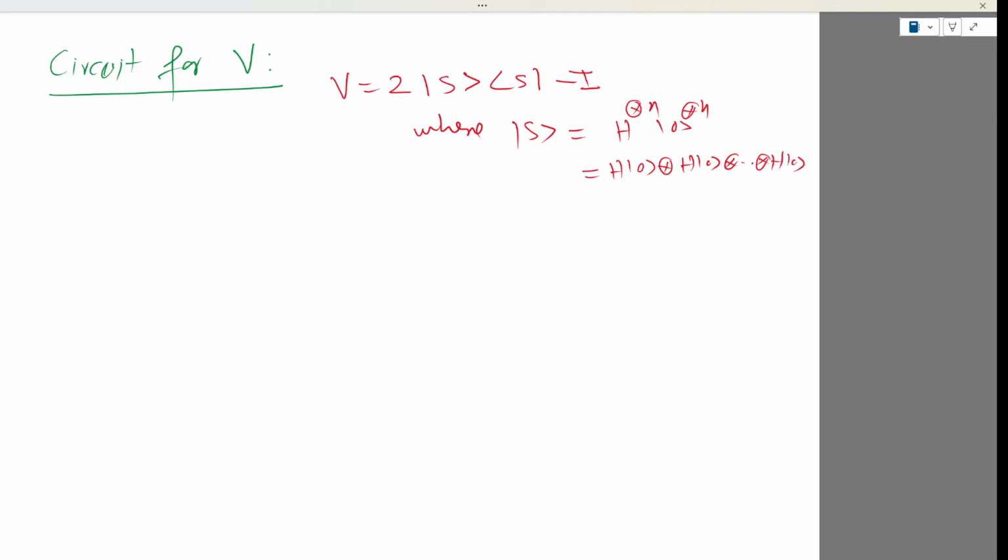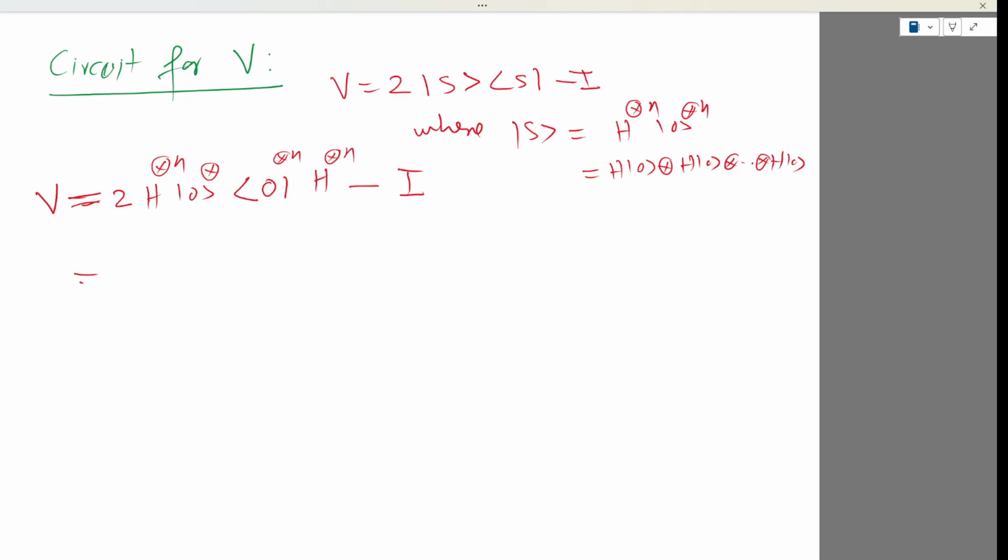So it means I can now write this V as 2 Hadamard on 0 state, and then its dagger, minus identity.